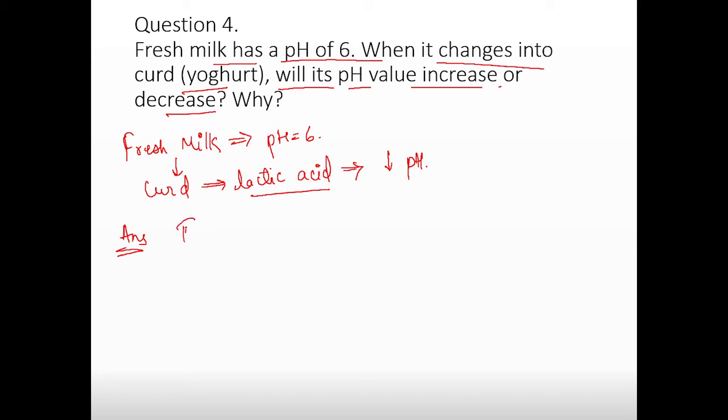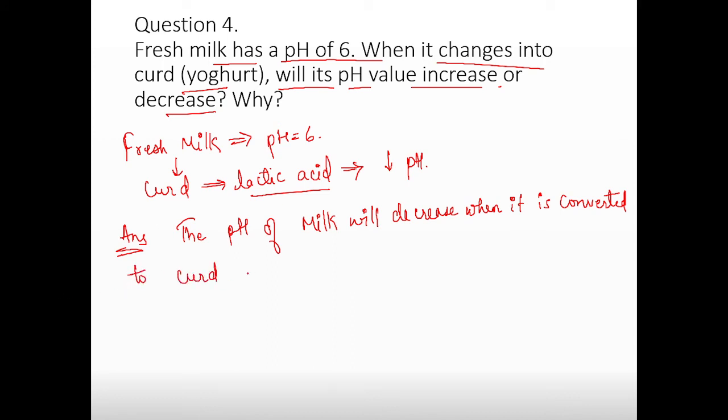The pH of milk will decrease when it is converted to curd due to production of lactic acid in it.